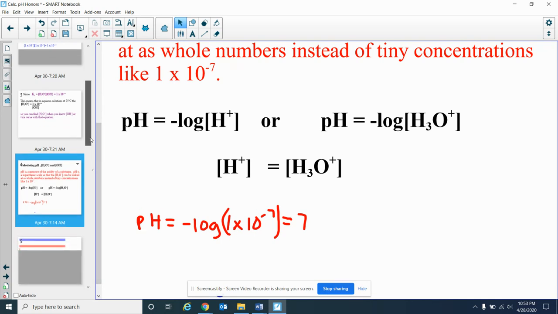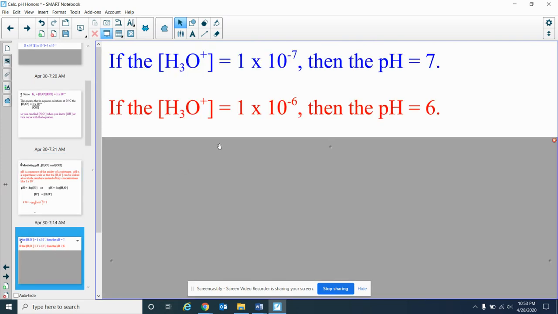And the OH minus concentration would also be 1 times 10 to the minus 7th in pure water. So if the H3O plus concentration is 1 times 10 to the minus 7th, as I just said, then the pH is 7. Well, if the H3O plus concentration is 1 times 10 to the minus 6, then the pH is 6.